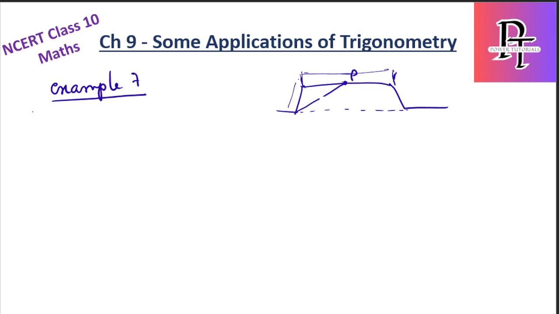So this angle of depression is 30 and this angle of depression is 45. So this angle is 45 and this angle is 30.